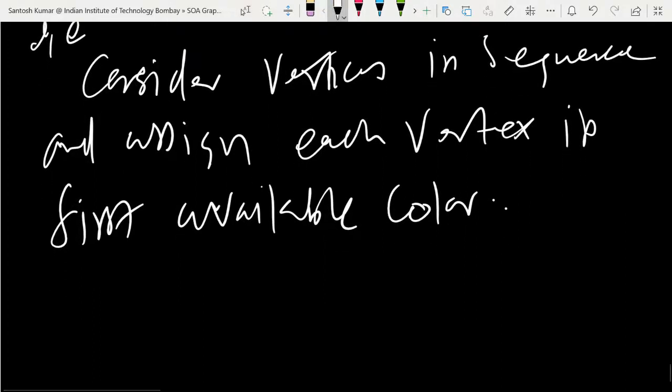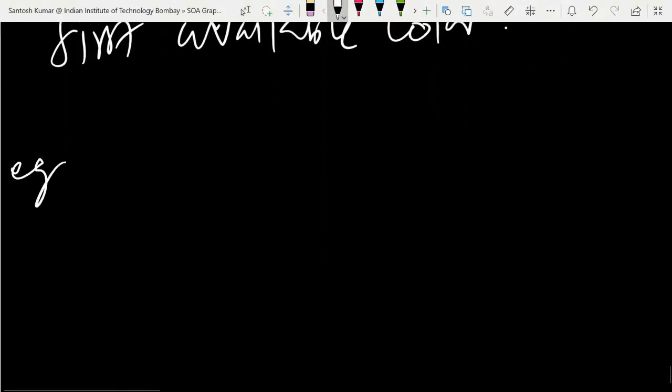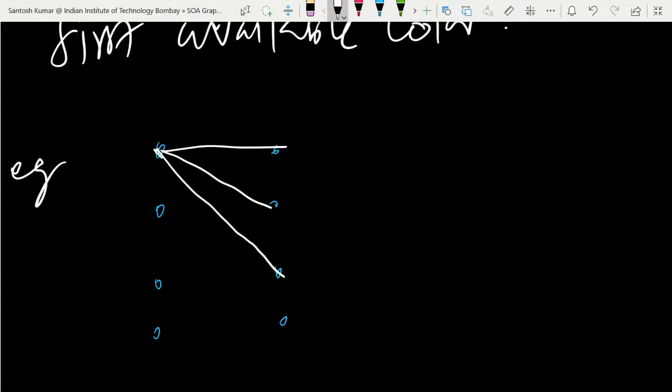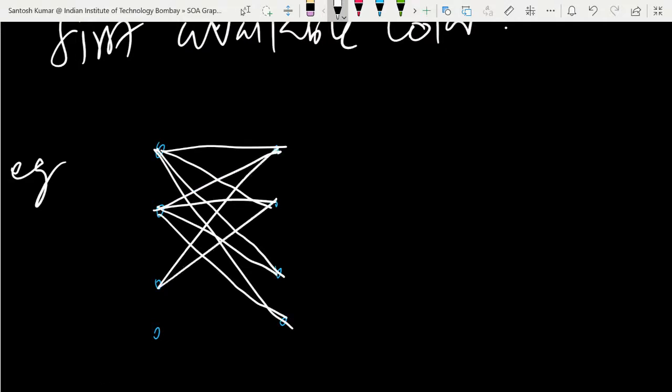For example, let me see. Suppose I have these 8 vertices, 1, 2, 3, 4, and so on. Suppose this is a graph.